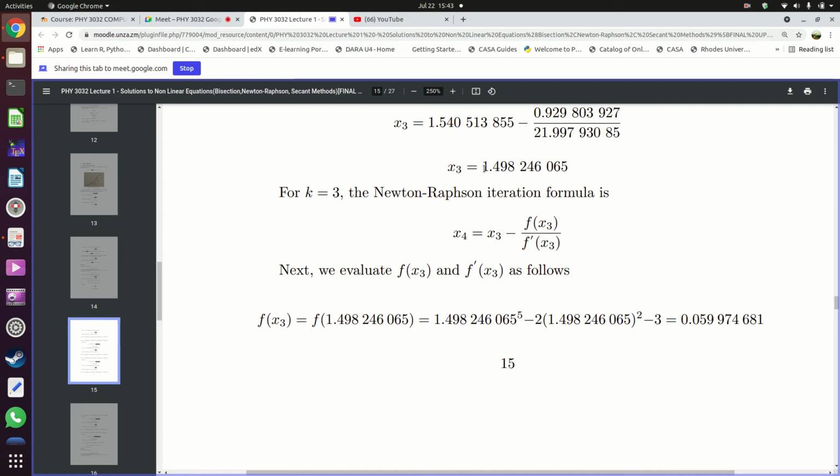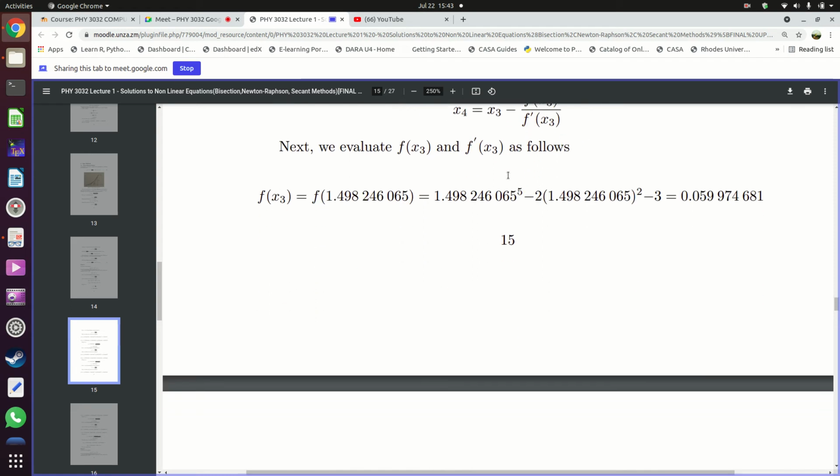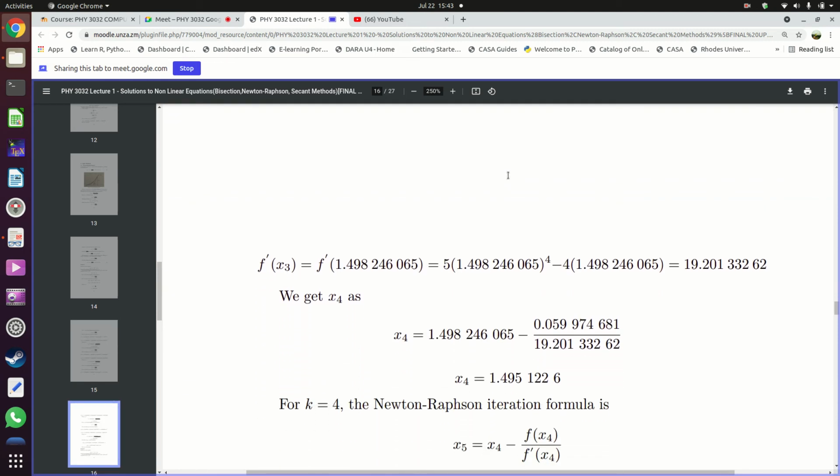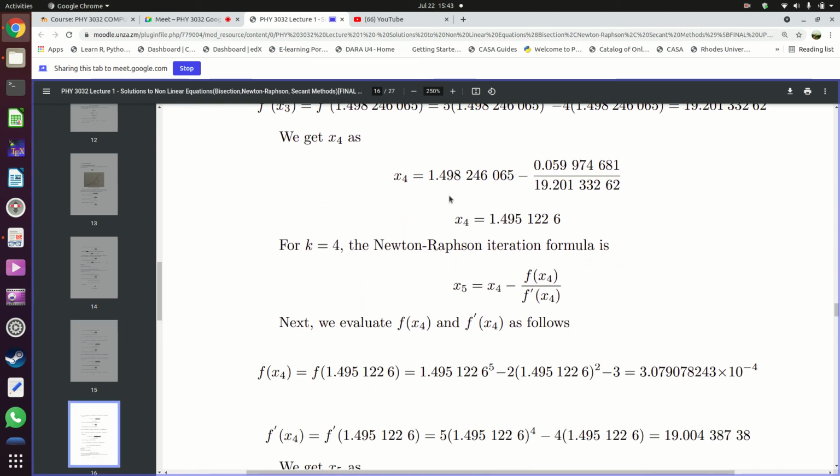These first 3 digits have stopped changing. For x3 and x4, you see that the first 3 digits have stopped changing. So basically, now your tangents are closer and closer to whatever it is you have.